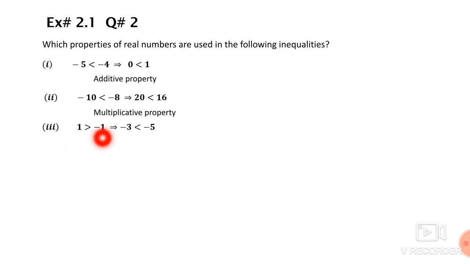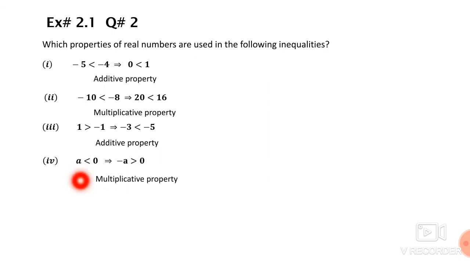Minus 1 greater than minus 1 implies minus 3 less than minus 5. The symbol shown here is actually wrong. It should be minus 3 greater than minus 5. So this is the additive property. A less than 0 implies minus a greater than 0.